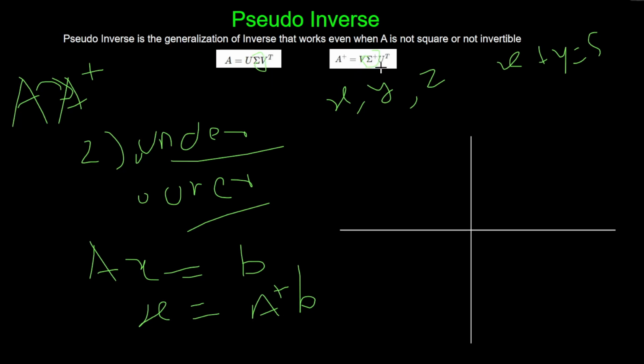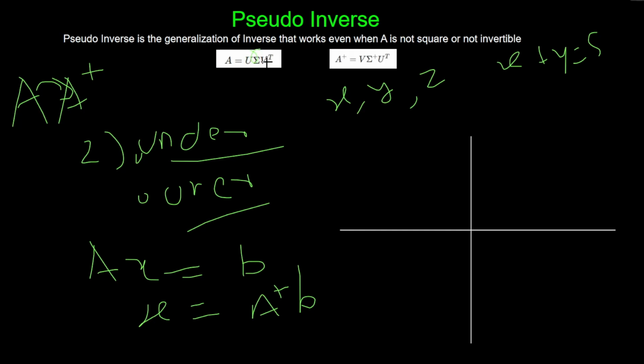By doing that, we get this sigma plus. So what conceptually happens here is we rotate back to the diagonal basis, which is given by this U transpose, and this sigma plus helps it to scale backwards. So here sigma is used to scale forward.